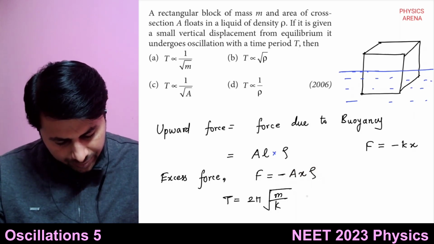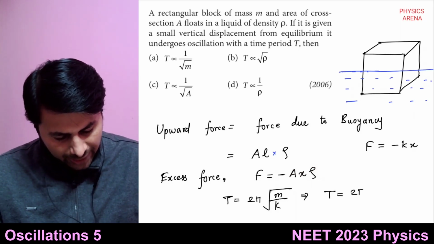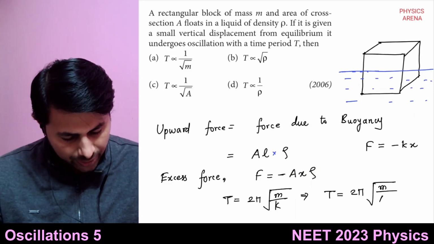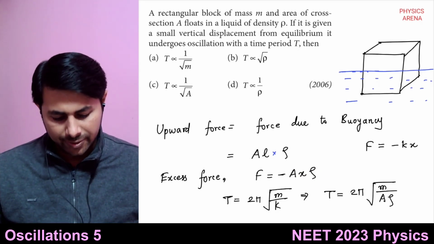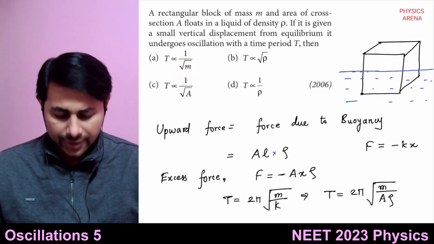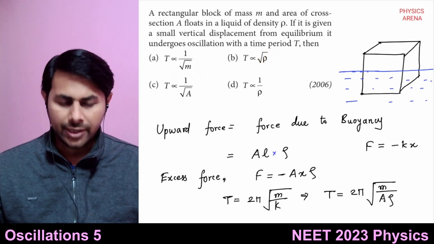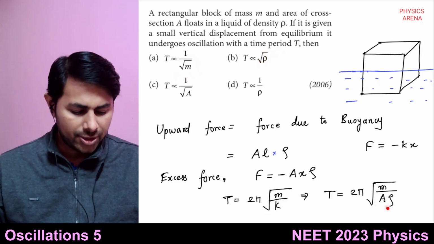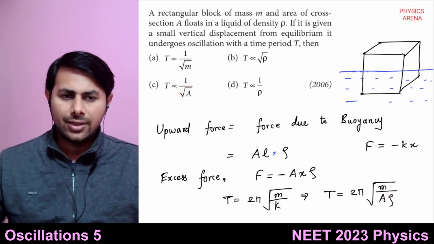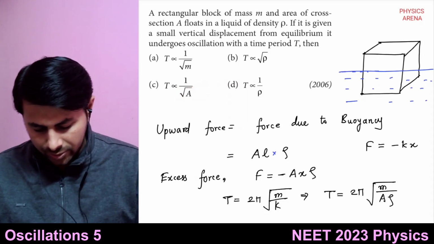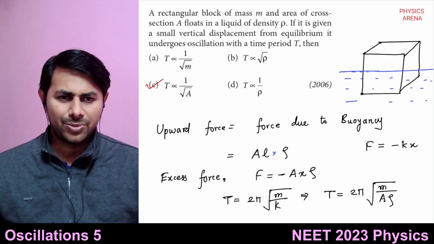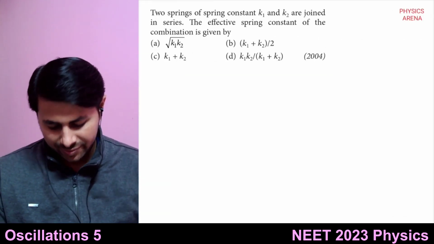You can put that in and you get T equals 2 pi square root of the mass of the block upon A rho. So this is the time period. Now you can tell, is it inversely proportional to root m? No. Is it directly proportional to rho? No. Square root of rho? No, it's inversely proportional to root of rho. Is it inversely proportional to root A? Yes. So option C is the answer, right? Not option D.